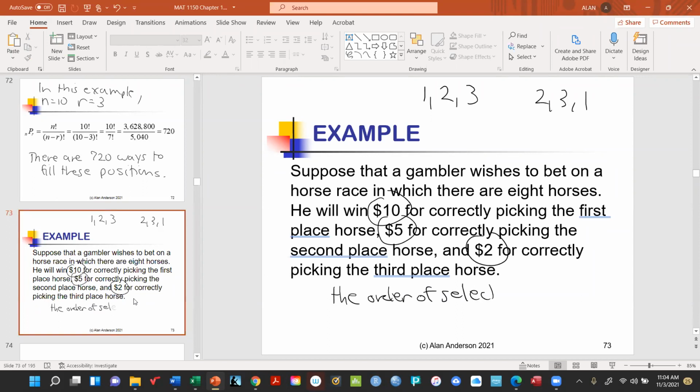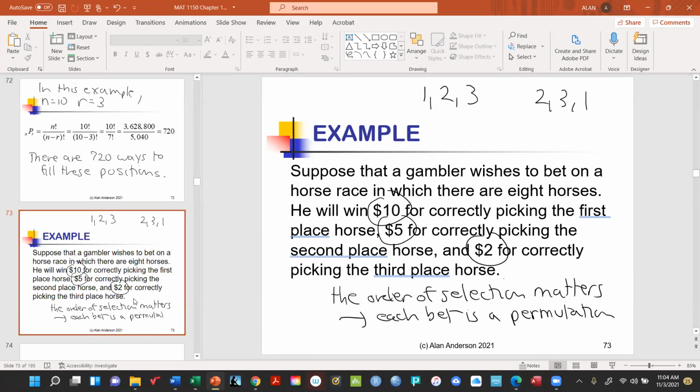The order of selection matters, and therefore each bet that we can place is a permutation. So the question is, how many different bets can I place? I've got 8 horses and I'm picking 3 of them.